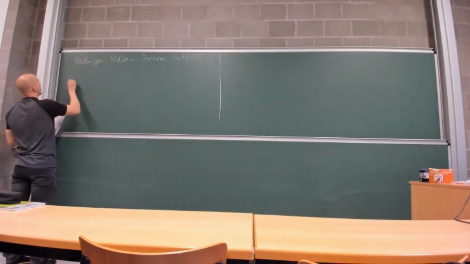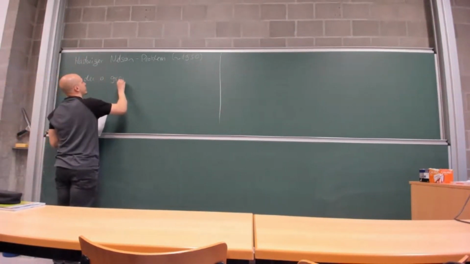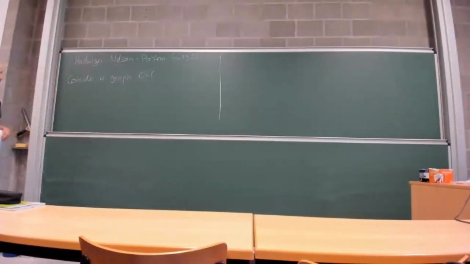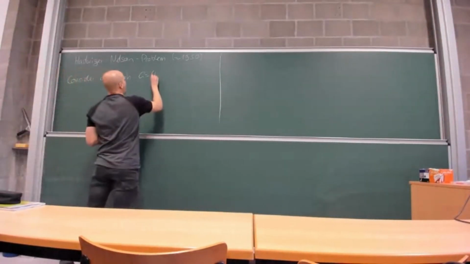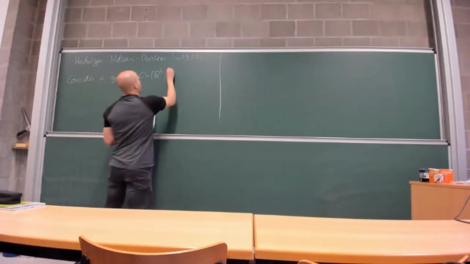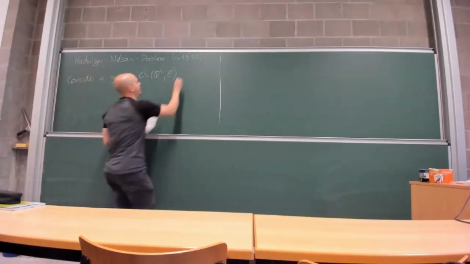So we consider a graph where the vertices are all the points in R2, and there are some edges.